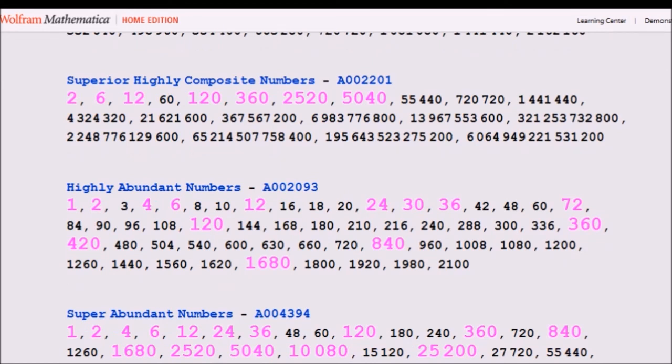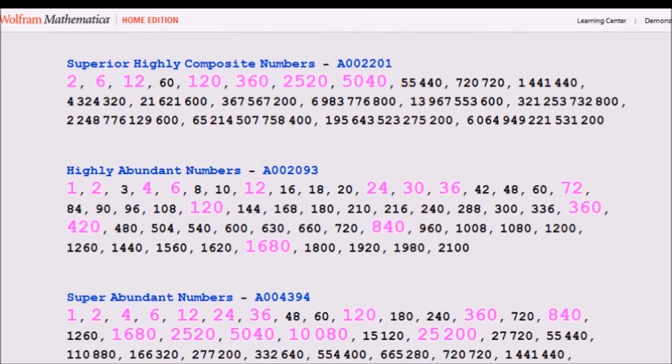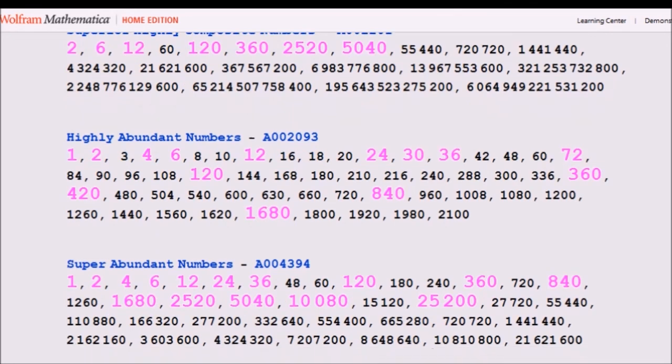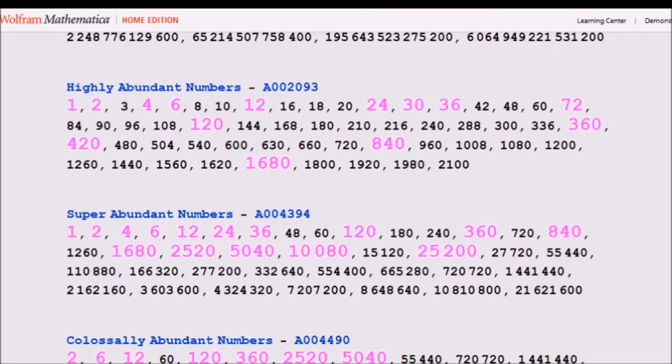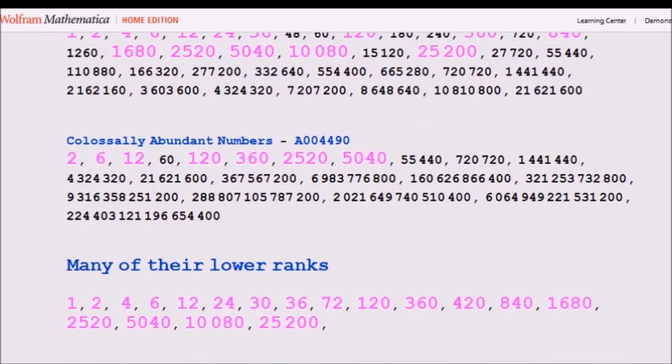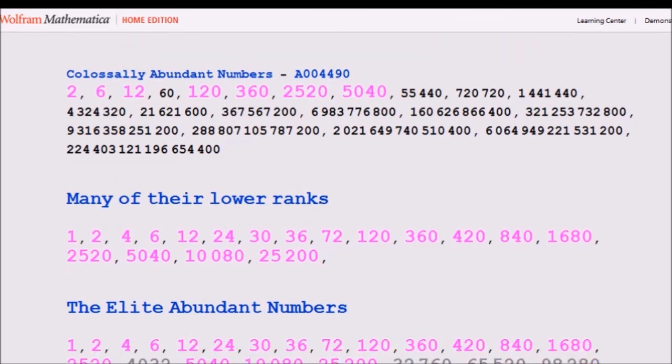It's not a conclusion, just an observation up to these low numbers. Highly abundant numbers, super abundant numbers, colossally abundant numbers, and so many of their lower ranks.